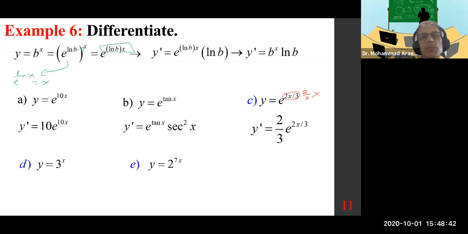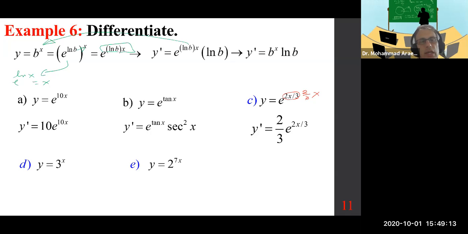Now, what is e to the power of ln b x? Okay. It is the same as b to the power of x. So we put b to the power of x back. What does it mean? It means that if the base is different, you still get the same answer, the same derivative, but you need to pay attention to a couple of things. You tag along the ln b.